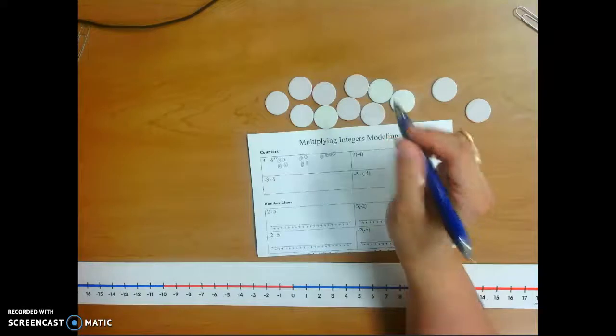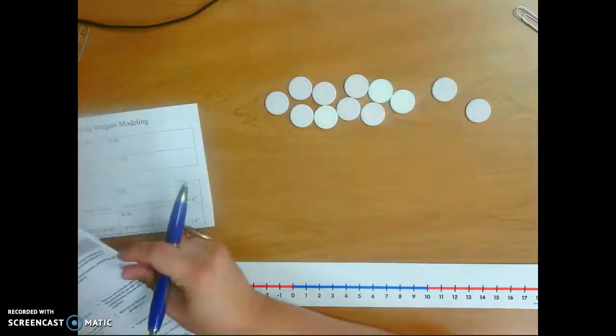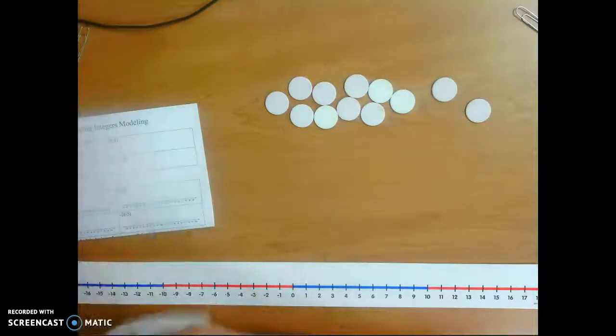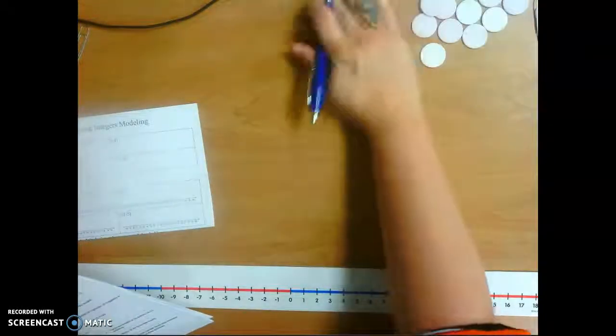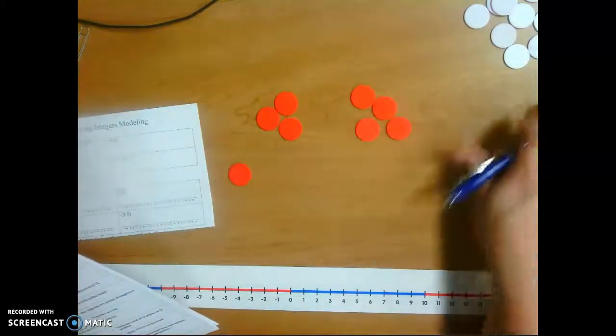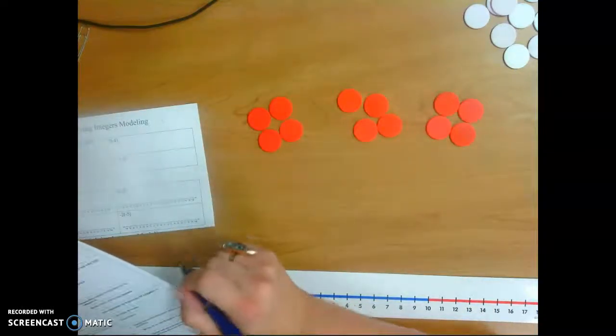Okay? So our next question is going to be 3 times a negative 4. 3 multiplied by a negative 4. So we're going to have 3 groups of negative 4. So 1 group of negative 4, 2 groups of negative 4, and 3 groups of negative 4. Okay?